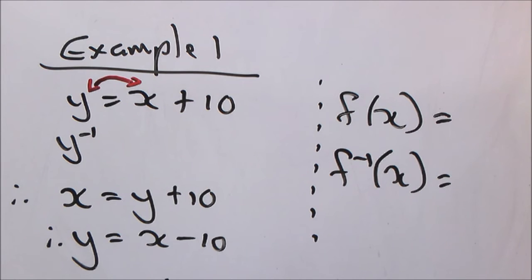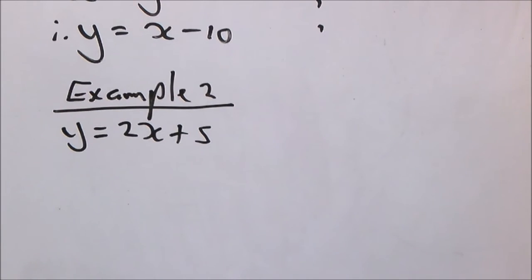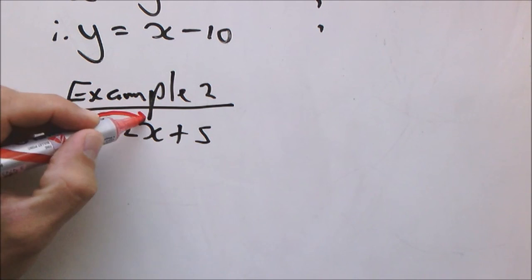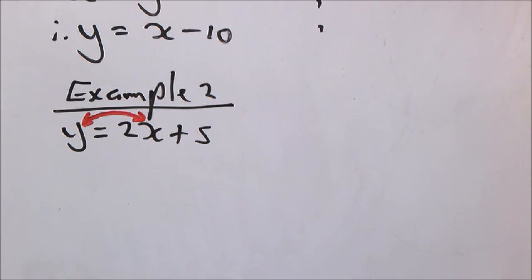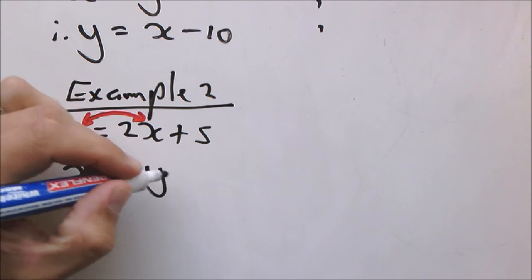I would like to work through a second example as well, just to make sure that this is not too simplified. And here we go. Y equals 2x plus 5. The question is, write down the expression of the inverse of this function. First step, we swap the x and the y around. So for the inverse, it becomes x equals 2y plus 5.